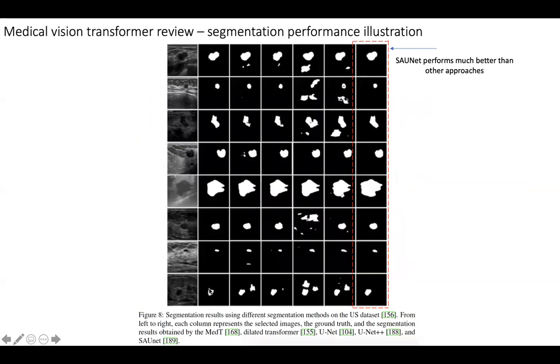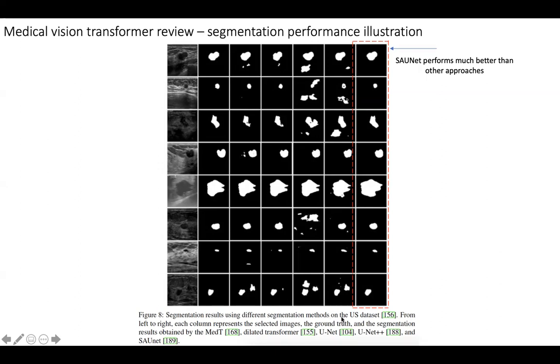Okay, this paper indeed shows some comparison results for some typical approaches in the segmentation task. Here, the first column is the selected image, basically the input image to the model, and the second column is the ground truth segmentation mask, usually annotated by a human expert.